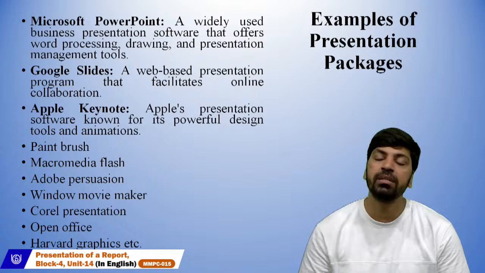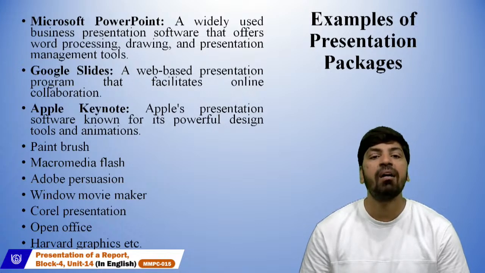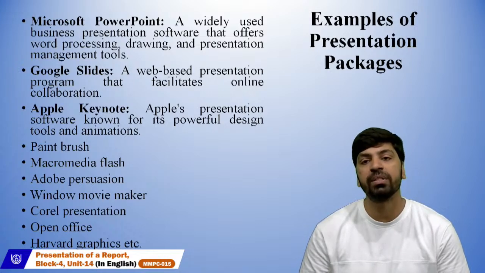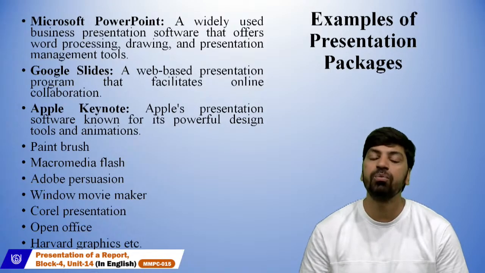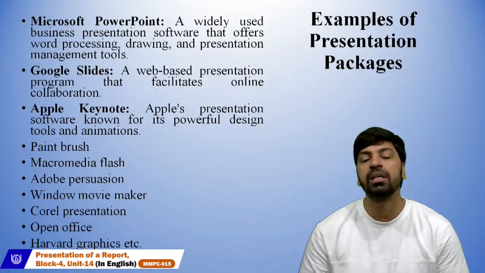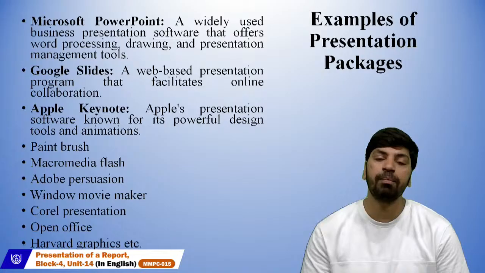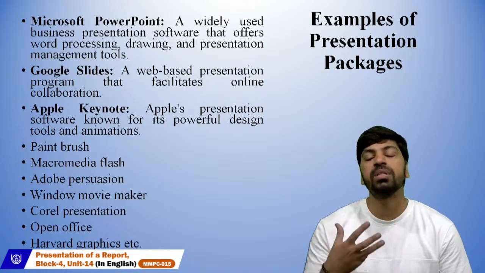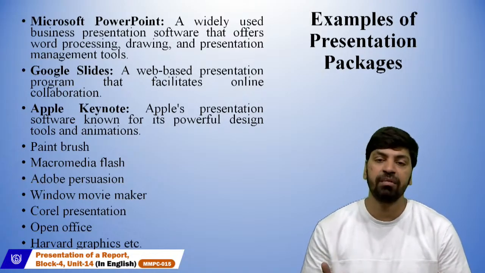Open Office is also one of the software. Harvard Graphics is also one of the software where we can use international images, creations of images relevant to the topic, and accordingly present in a very effective way.